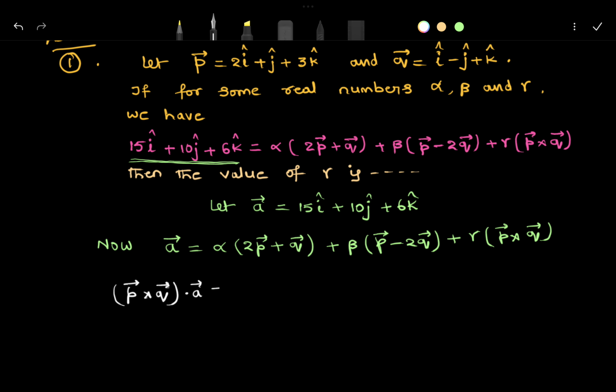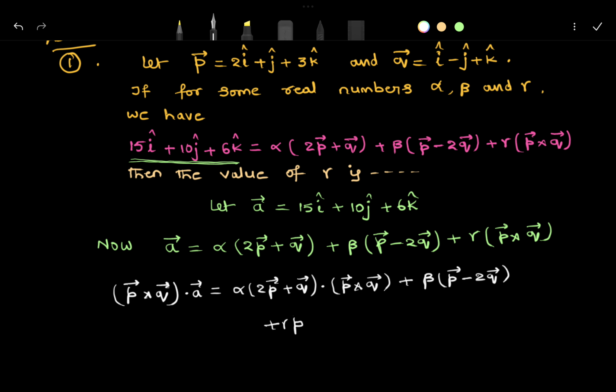So P bar cross Q bar dot A bar is equal to alpha into (2 P bar plus Q bar) dot (P bar cross Q bar) plus beta into (P bar minus 2 Q bar) dot (P bar cross Q bar) plus gamma into (P bar cross Q bar) dot (P bar cross Q bar).